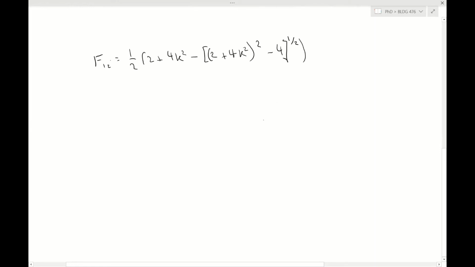Okay, and we're able to simplify this down to 1 plus 2k squared minus 2k.